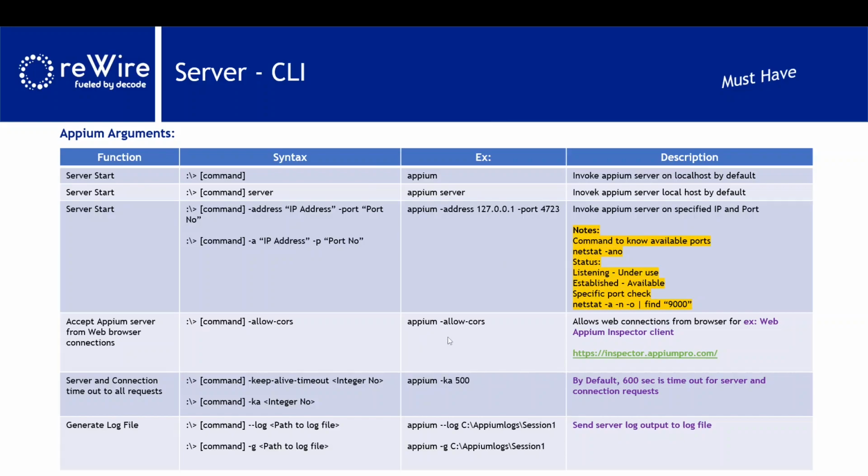Then another command is allow-cors. Allow-cors means any command line interface or any server that you configured in the host system will accept commands from the HTTP request. So we have to configure our server in such a way that it gets the commands from the HTTP server.